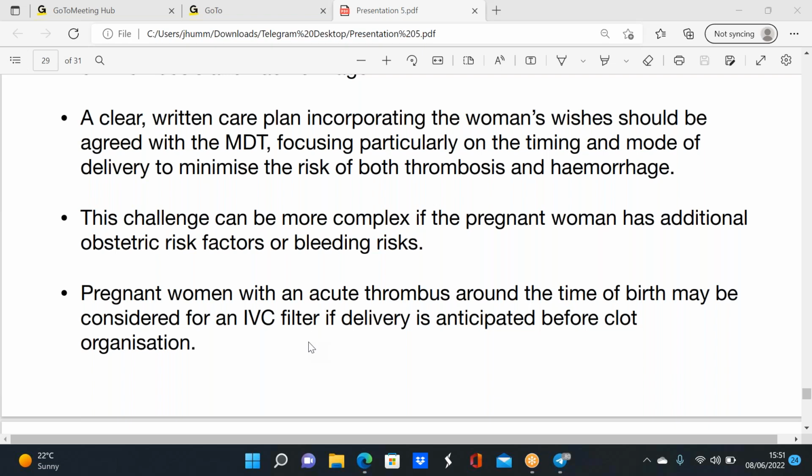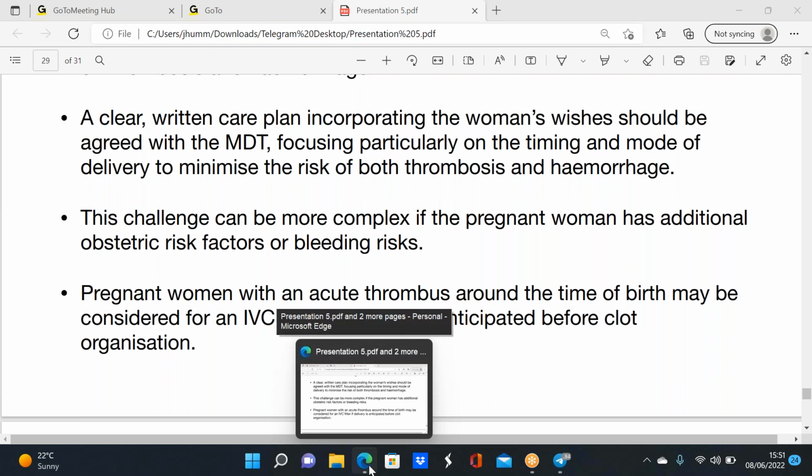Whatever clot is there will be in the lower half of the body, either in the leg or in the iliac veins. If you place a filter in the inferior vena cava, the clot will not reach up to the lungs, so pulmonary embolism will not occur. Got it? Yes, ma'am. Thank you.